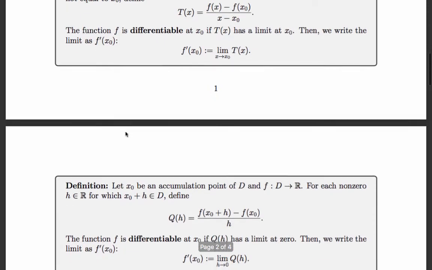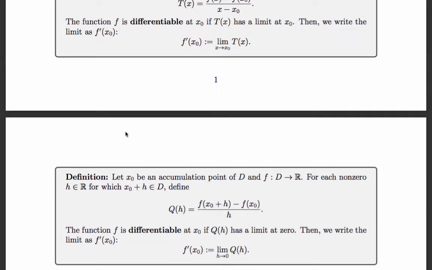Again, here is an equivalent definition, this from the perturbation perspective. Let x naught be an accumulation point of D, and f a mapping of D to R. Then for each non-zero h, for which x naught plus h remains in the domain, we can define q of h to be, again, our secant slope function, here as a function of our perturbation h.